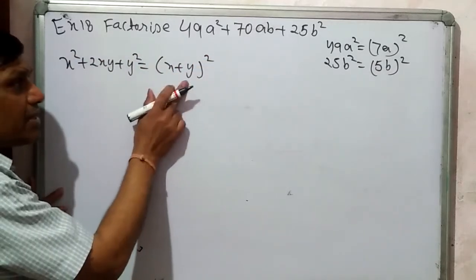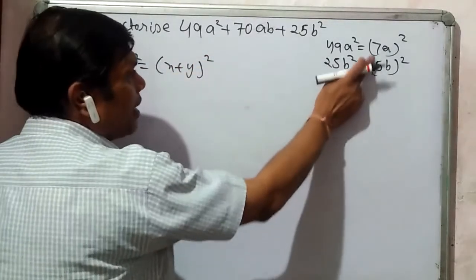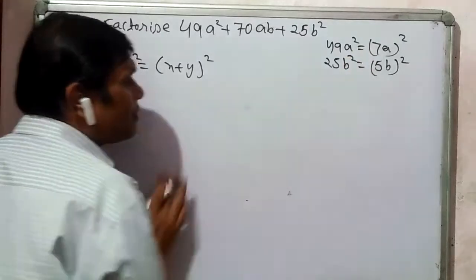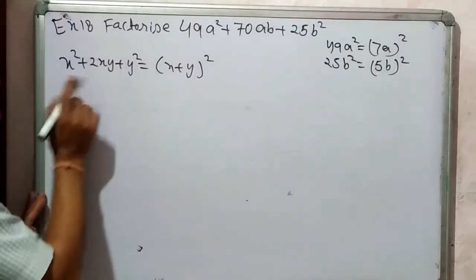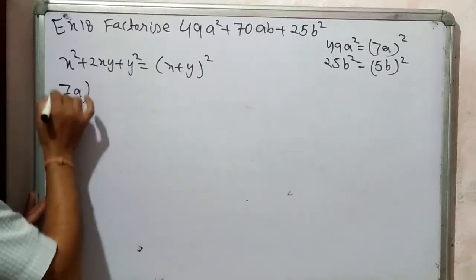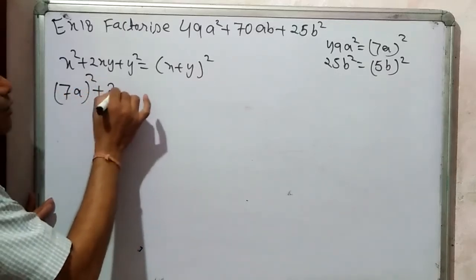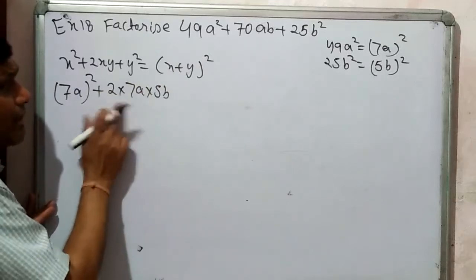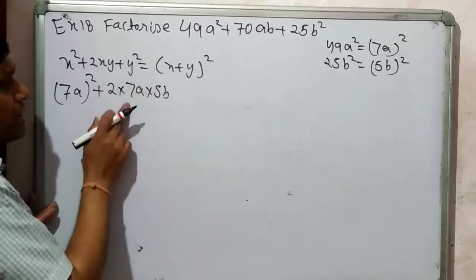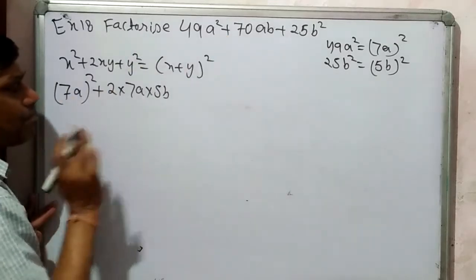Let us identify what x and y are. We have already identified them. X is 7a, y is 5b. So let us put in the left hand side: what we have is (7a) square, 2 multiplied by 7a multiplied by 5b. Let us tally whether it is 70: 2 7s are 14, 14 5s are 70.